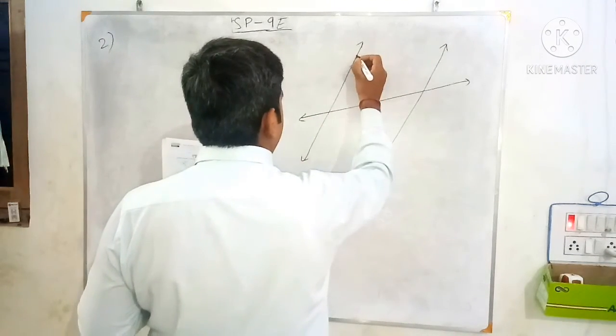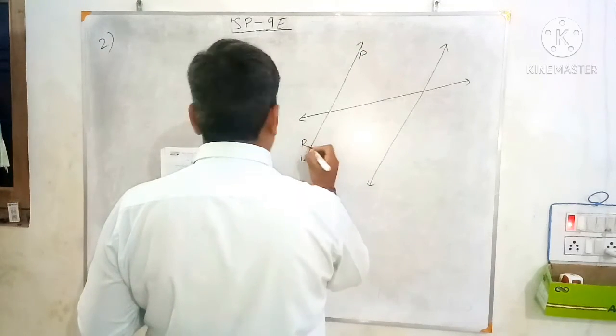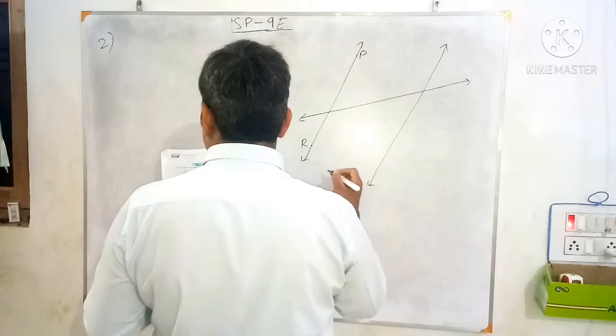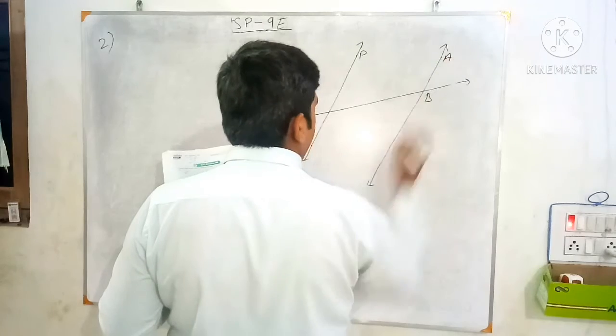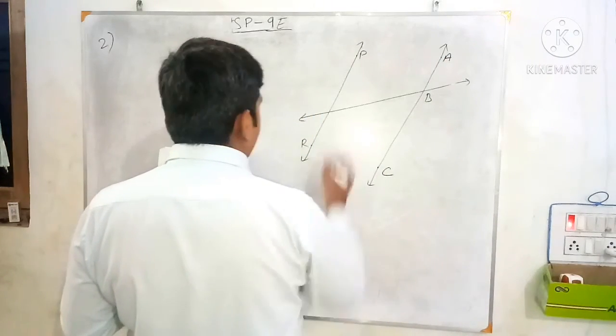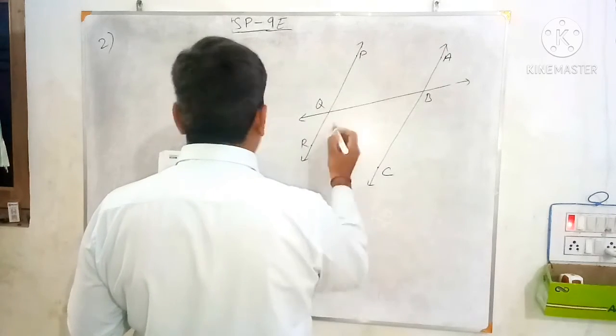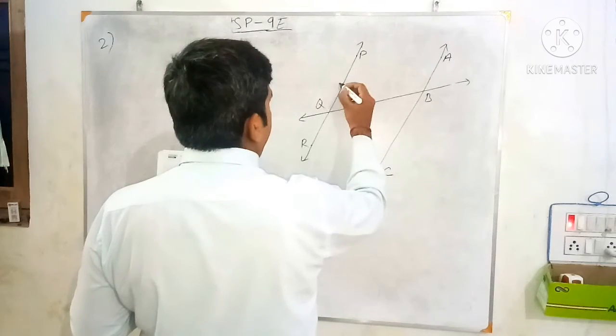This is the line PQR and ABC, and these are parallel lines.